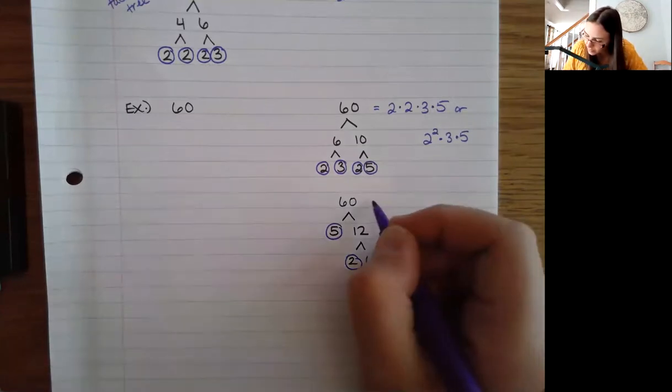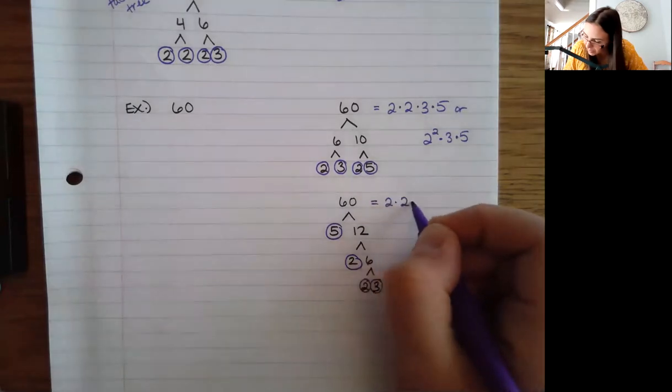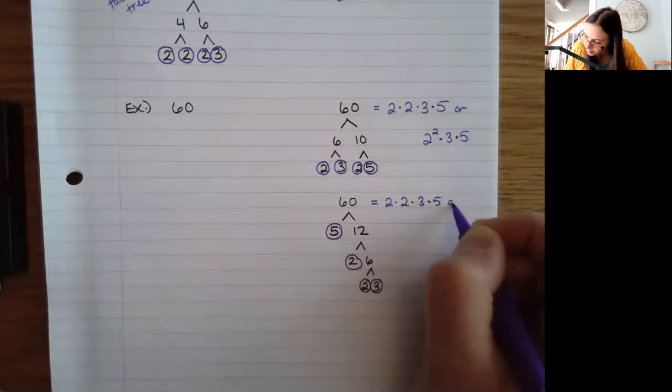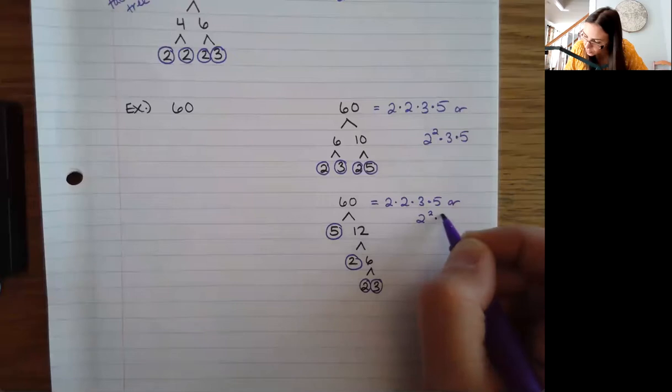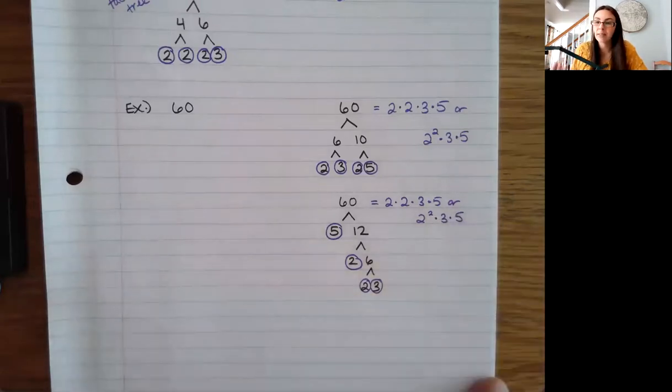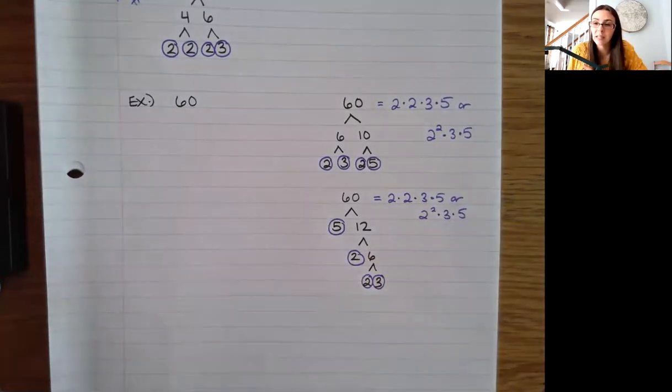So notice here that you're still getting that same factorization no matter which combination you use for your factor pairs. They're all going to break down the same way, which is really nice, which is why we really like these prime factorizations, because we know we have all the possible factors there when we go ahead and do that.